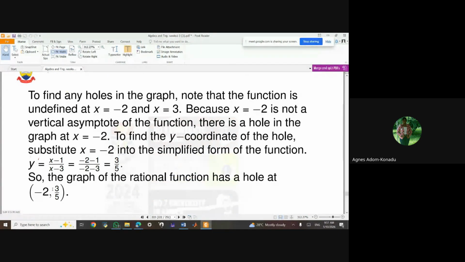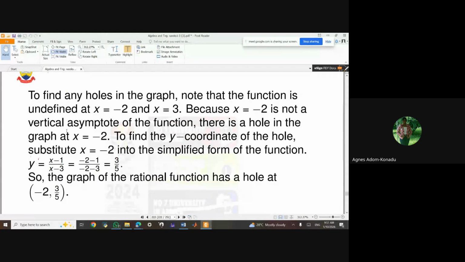I told you about holes in analytic geometry. So it means that it will have a hole at this point. So you choose the minus 2, then you substitute it into x minus 1 over x minus 3. Then you see that you have the corresponding point to be here.